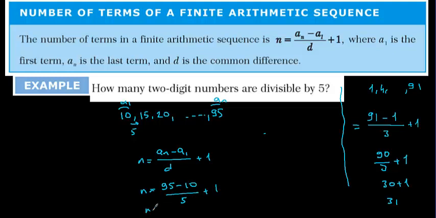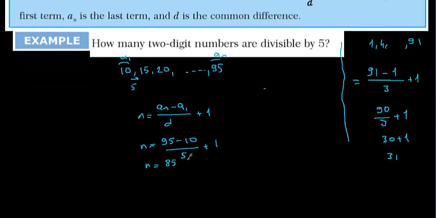So n is equal to 85 over 5 plus 1. 85 over 5 is 17, so 17 plus 1, and n is equal to 18.